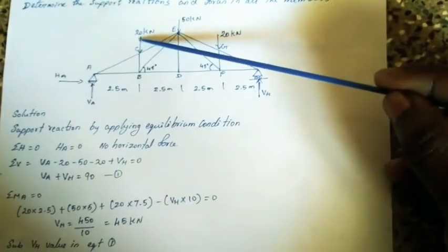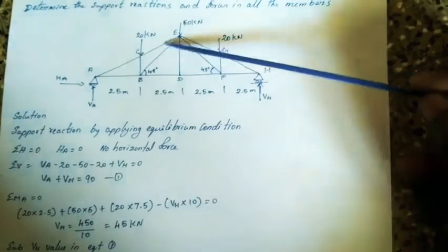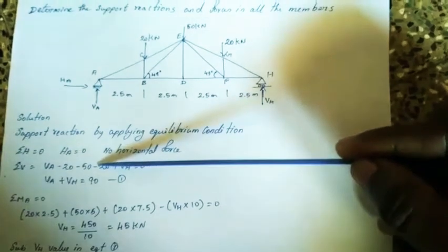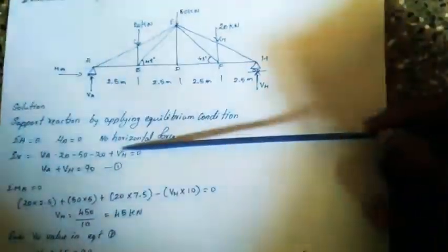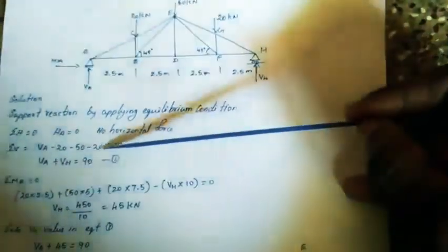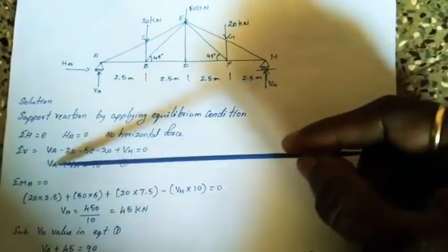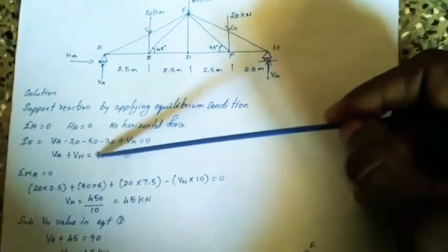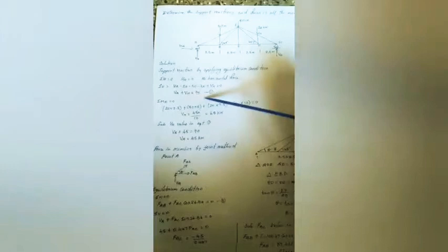Then the applied loads 20 kilonewton, 50 and 20 kilonewton are in the downward direction. We put positive for upward force and negative for downward force. So the summation of vertical forces is VA minus 20 minus 50 minus 20 plus VH equal to 0. The equation comes like this: VA plus VH is equal to 90. Make this equation 1.